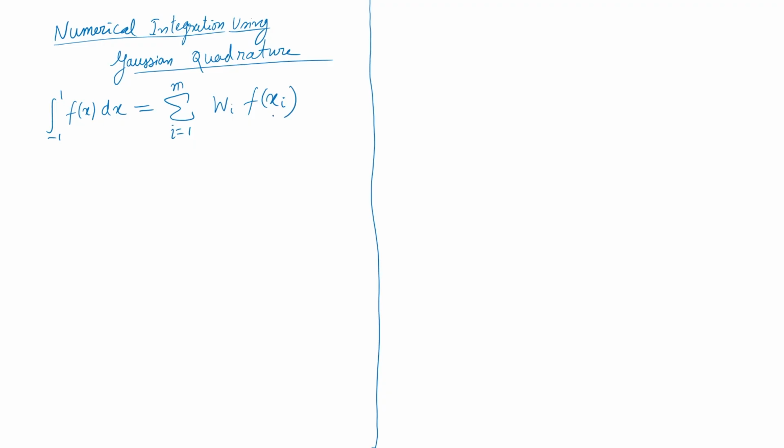Note that these are just normal things, they have nothing to do with any of the symbols you have used so far. So w is a weighting function here, the weight or weightage, and x_i is the location where I will do the function evaluation. So this Gaussian quadrature tells me that I can express a definite integral from minus 1 to 1 as a summation of 6 function evaluations, that is it.